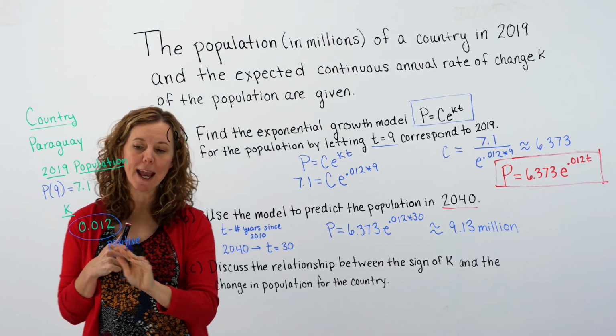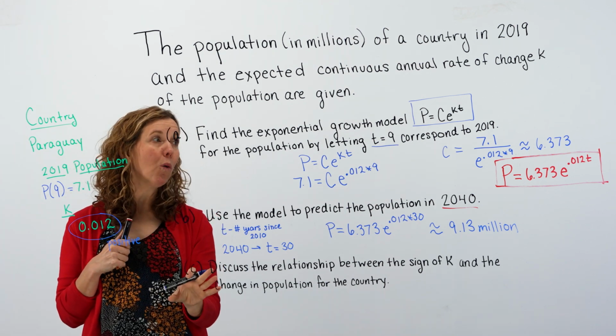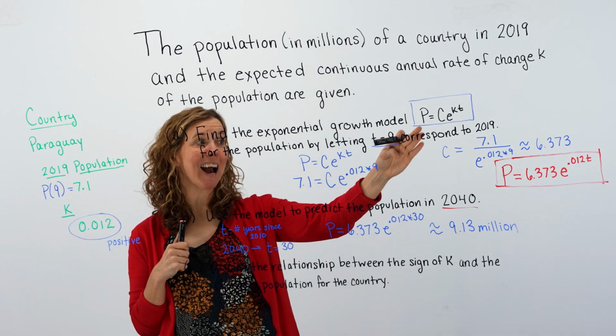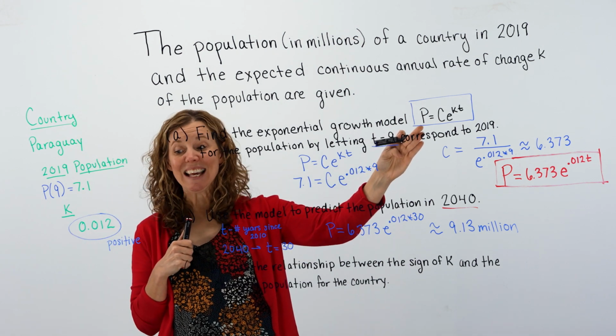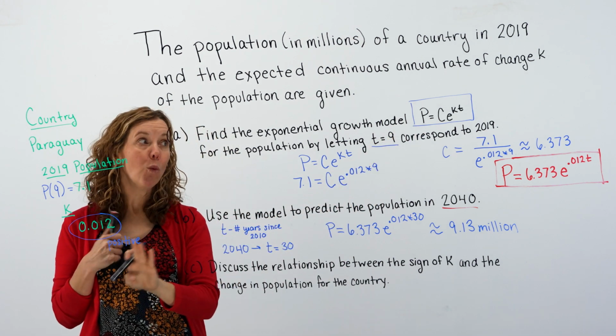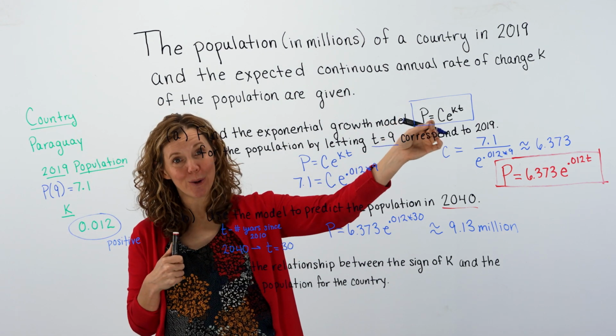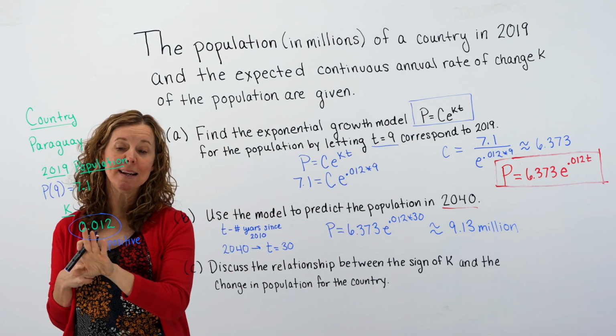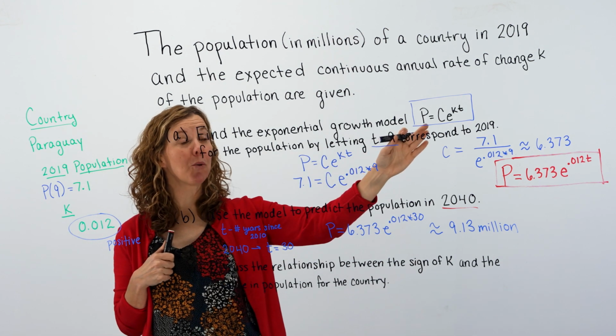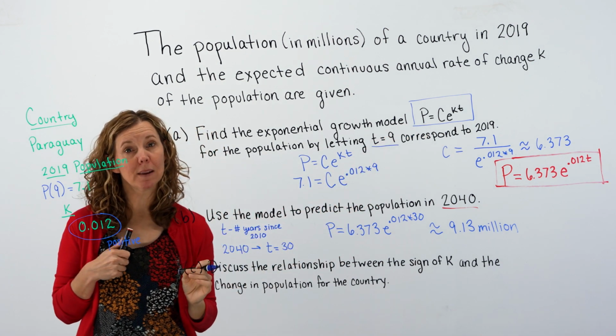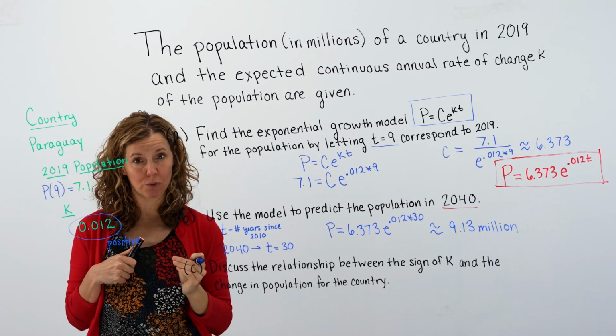The sign of k is positive, and what we have learned is that for any exponential growth model, if k is positive, we have exponential growth, whereas if k had been negative, this would have been exponential decay, meaning the population would actually be decreasing over time.